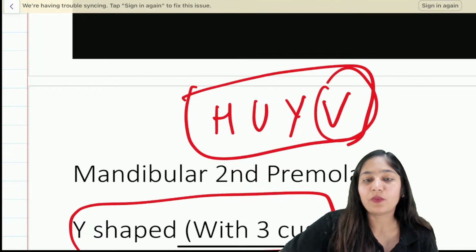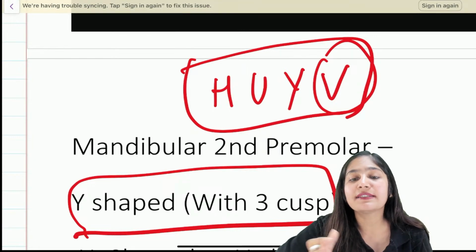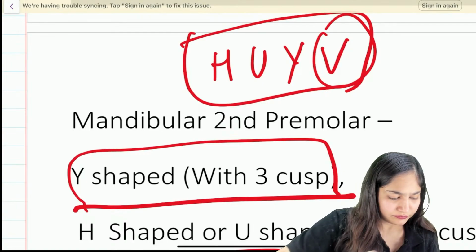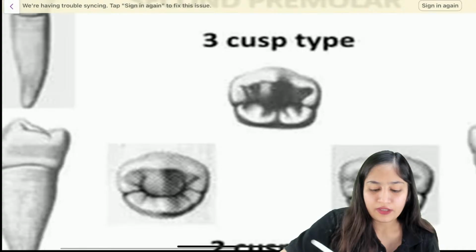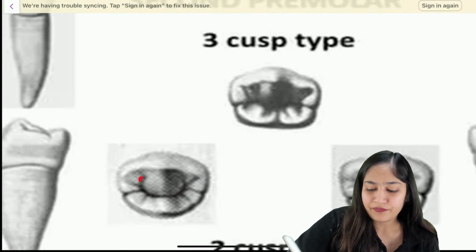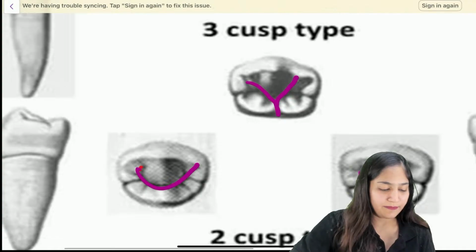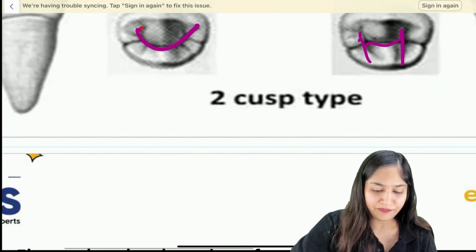So V will be the answer. We have H, U and Y as occlusal patterns seen in mandibular second premolar. Here you can see U we have for 2 cusp, H we have for 2 cusp and Y we have for 3 cusp. Right?